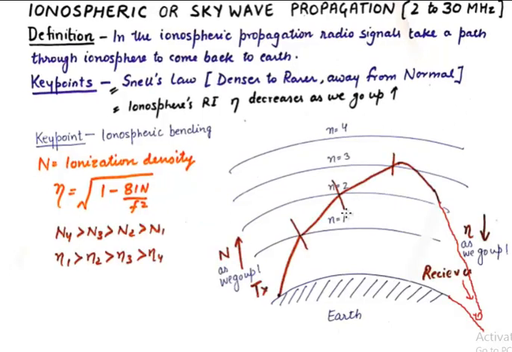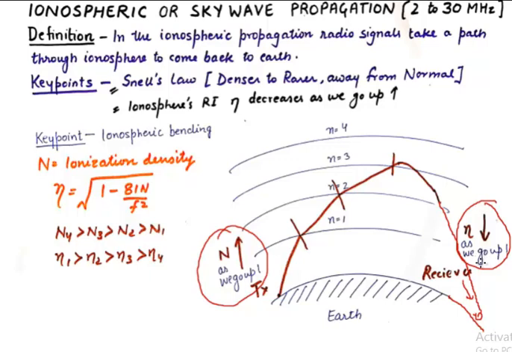So that is how it is represented: the ionization density for 4 is greater than that of 3, that of 2 and that of 1. So an inverse relation occurs for the refractive index. Eta 1 will be greater than eta 2, greater than eta 3, and greater than eta 4. So n increases as we go up. That's the key point, must remember. And eta decreases as we go up.